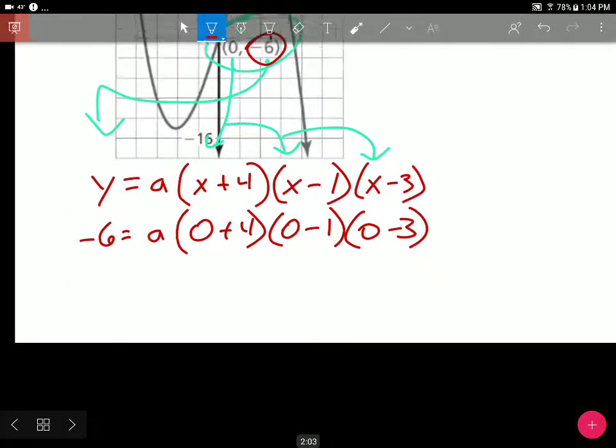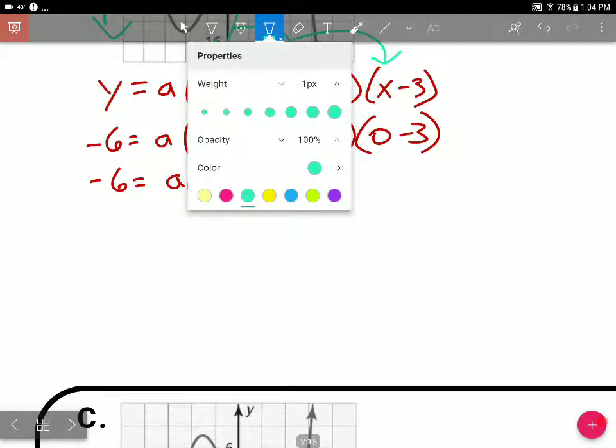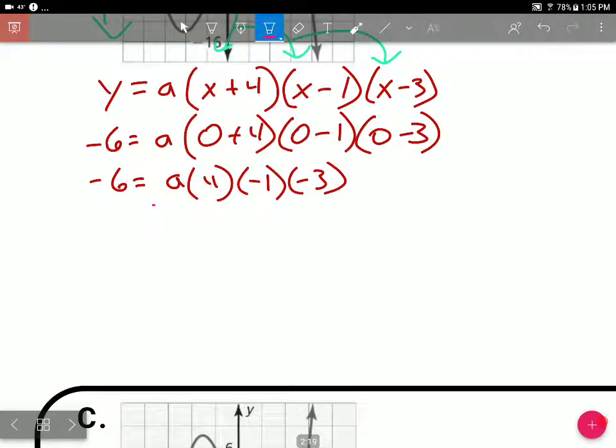So here we go. -6 equals a. What is 0 plus 4? 4. What's 0 minus 1? What's 0 minus 3? Cool. All right, let's finish it up. Real fast, 2 negatives make a positive, so what's 4 times 1 times 3?